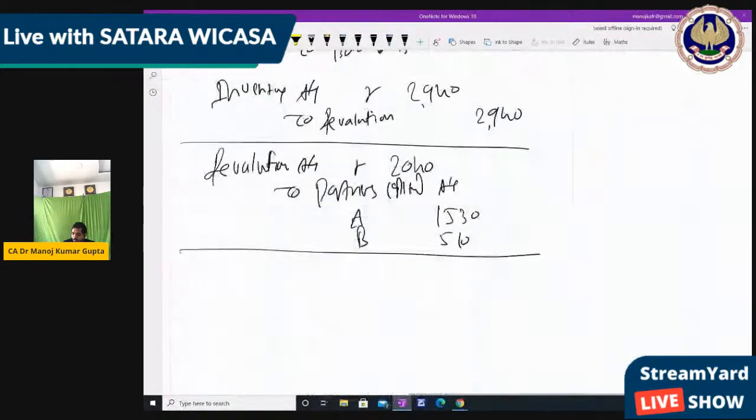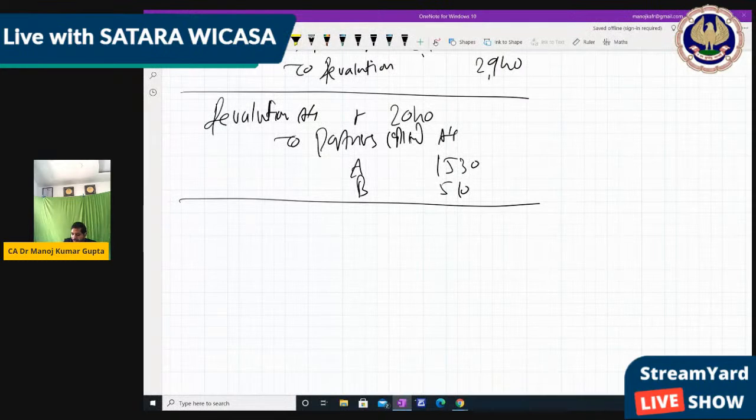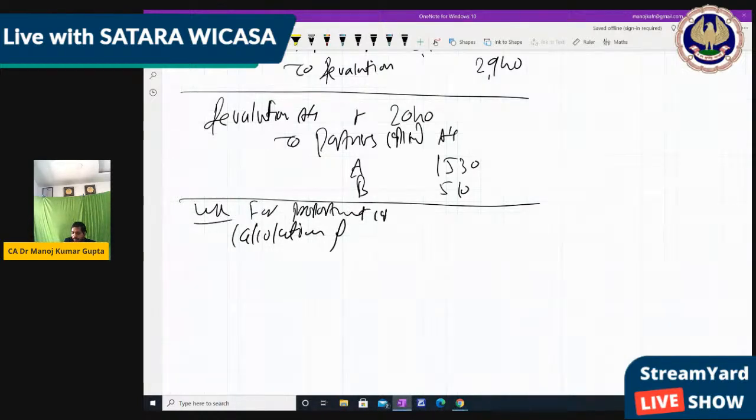Now what we have to do? We have to do the calculation of the working note for proportionate capital, PC, right? How to calculate?